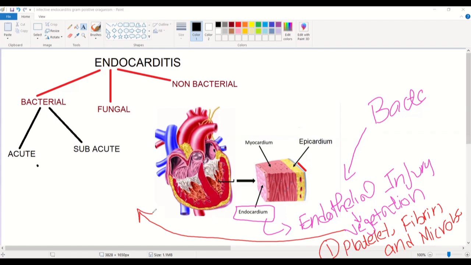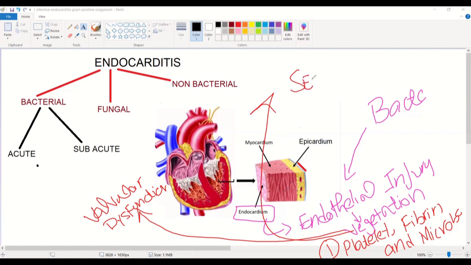So this may lead to valvular dysfunction. This may also lead to septic embolism. We will discuss septic embolism in detail. So vegetation increases the risk of septic embolism and also leads to valvular dysfunction.